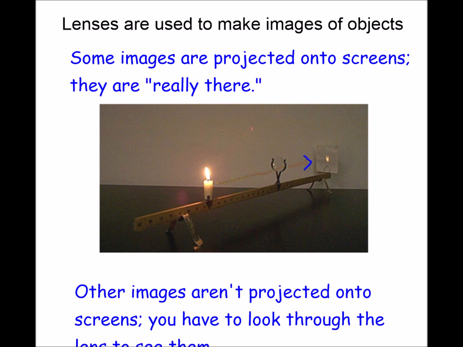But it turns out that if we set that up, you wouldn't. If you actually put your eye over here and looked backwards, you might see a blurry candle flame that would be upside down, but you wouldn't see a nice clear crisp image like you actually see projected on the screen.